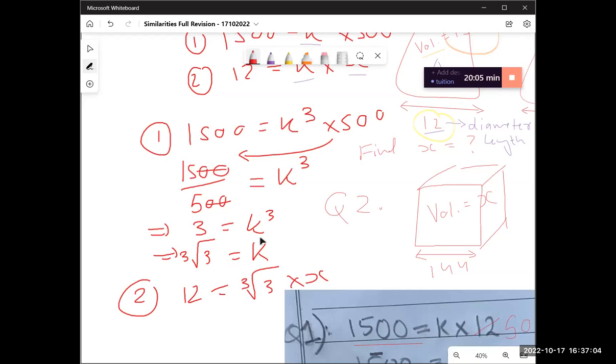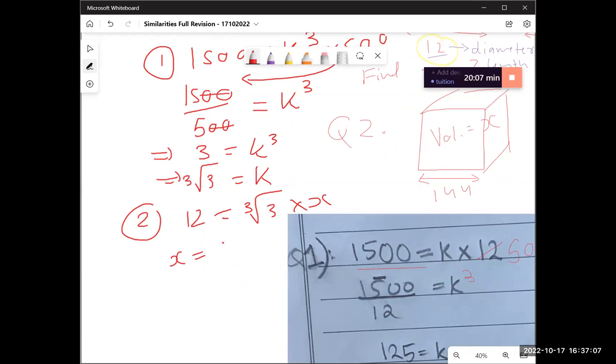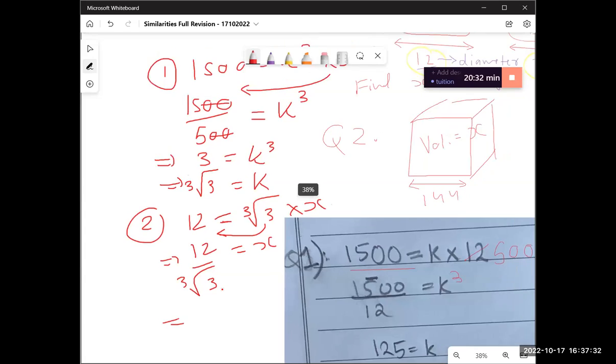Therefore, what is X? X is 12 divided by cube root of 3. Take this to the other side. Is that clear? Yeah. Now, when we solve this, we'll get how much?